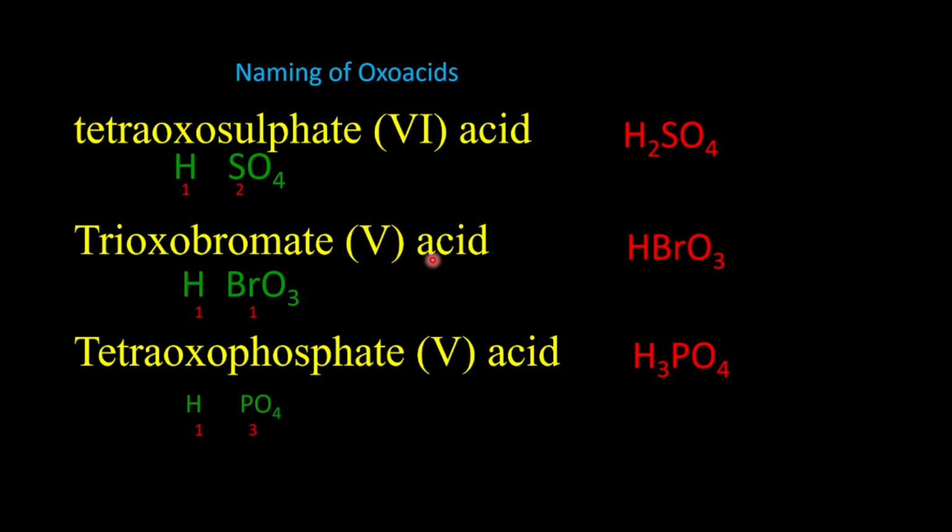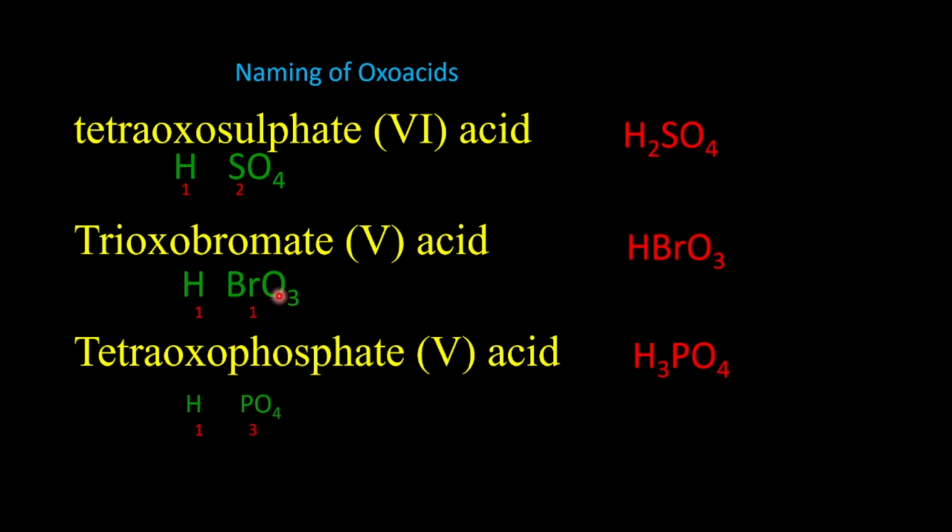Now let's look at the second example. That is also an acid. So you put your hydrogen down, that is on the left of the screen. Then you take the radical. Tri is 3. That is what is indicated here. Oxo for O. Then we have bromate.